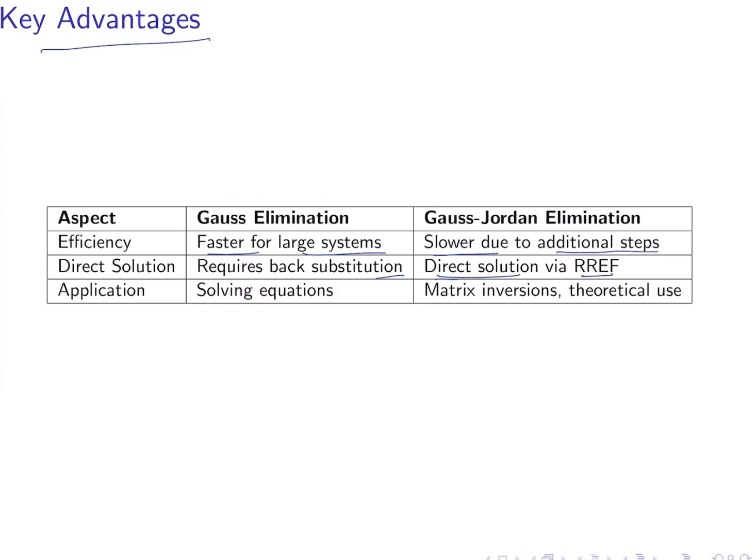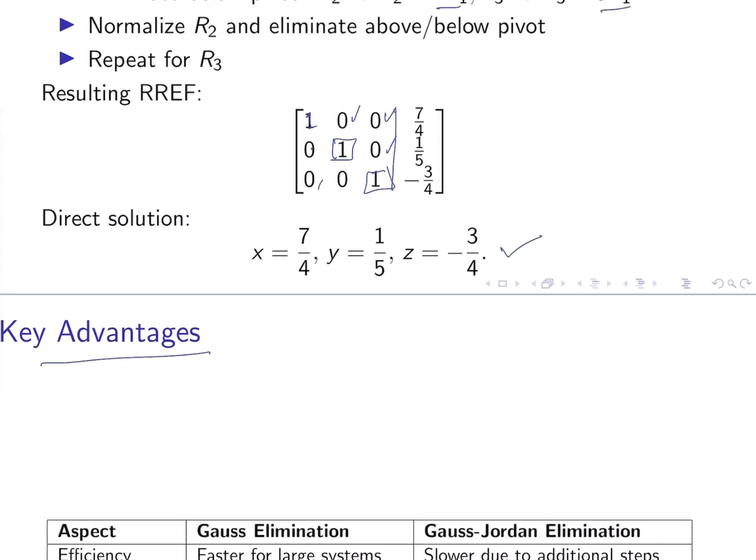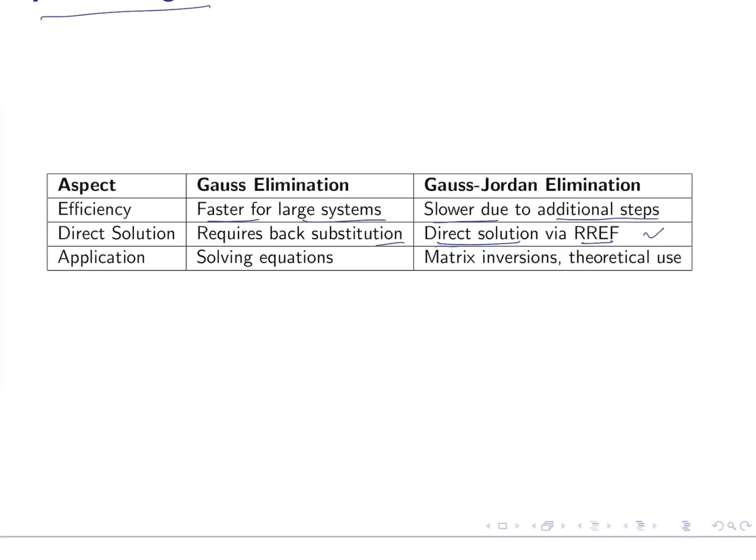So in Gauss Jordan, you read the solution directly, as you can see from here: x equal to 7 by 4, y equal to 1 by 5, z equal to minus 3 by 4. This is the direct way of reading the solution in Gauss Jordan elimination, but Gauss elimination requires back substitution.